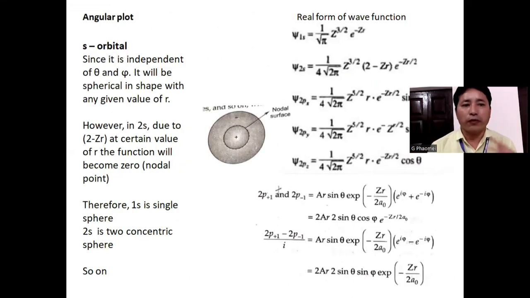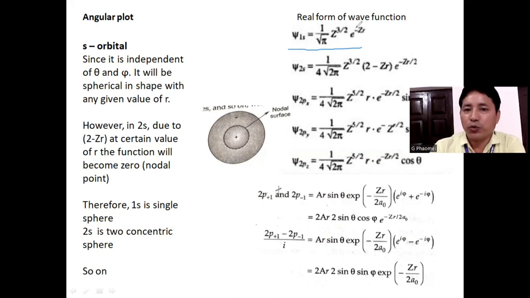And if you go for the angular plot, now we can see psi 100. As I told you, this is the same as the 1s orbital, so the wave function is this one. In these equations, as you know, it depends only on the value of r.